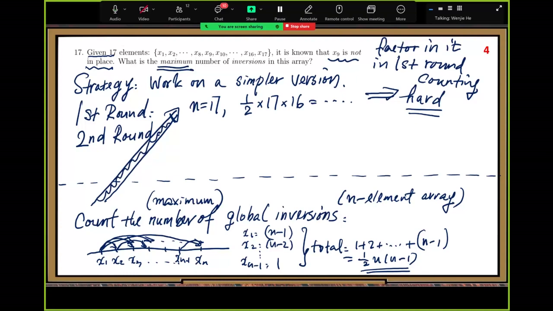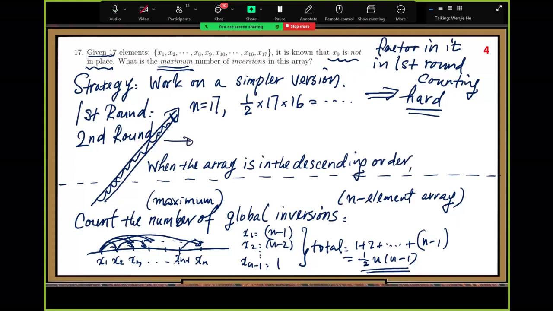The solution is when the array is in descending order. In descending order, we get this maximum number of inversions.